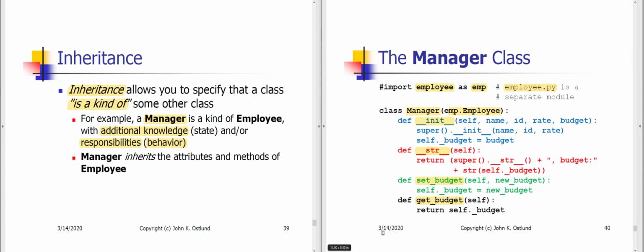Now, because a manager is a kind of employee, when we give the name, ID, rate, and budget arguments to the dunder_init function for manager, we can simply turn around and call the init function with the name, ID, and rate for the superclass, which in this case is employee.